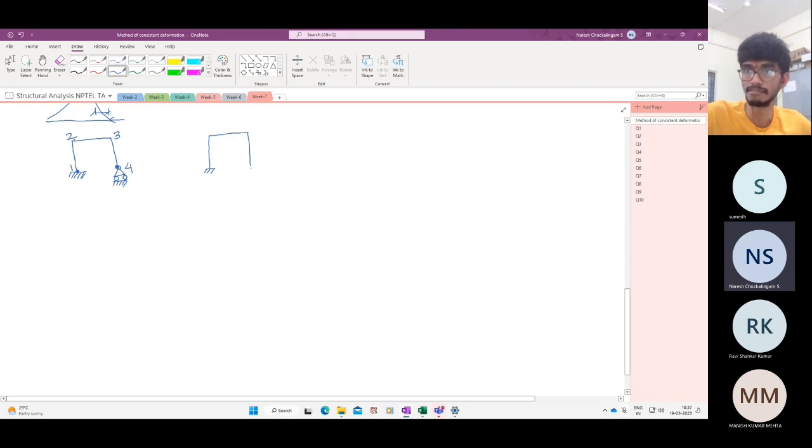So this primary structure, and there will be some loading. Using the principle of superposition, this can be related as follows.